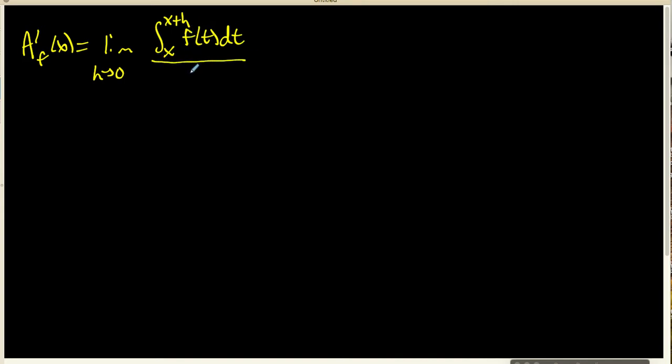So we've gotten to the point where we know that the derivative of the area accumulation function is the limit as h goes to 0 of the integral from x to x plus h of f of t dt, all divided by h.